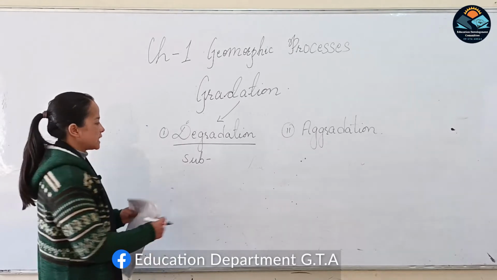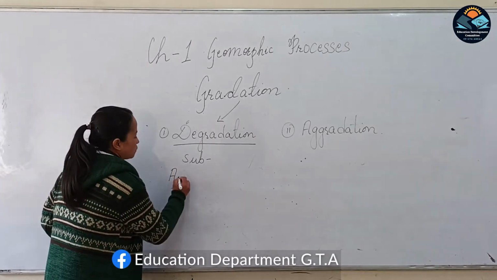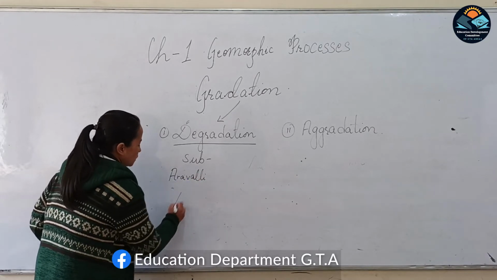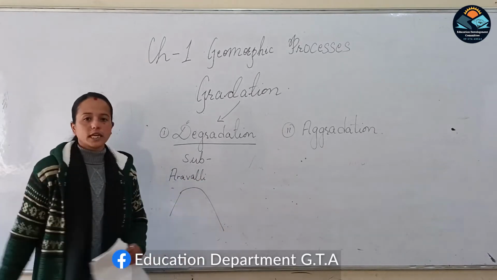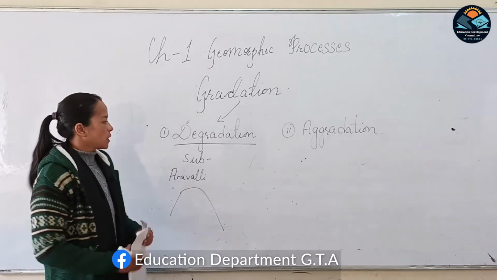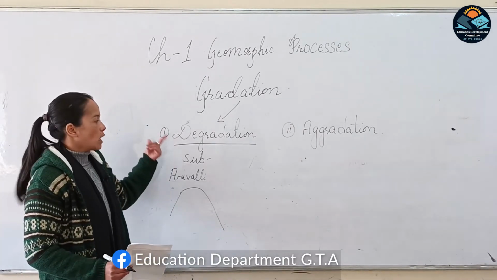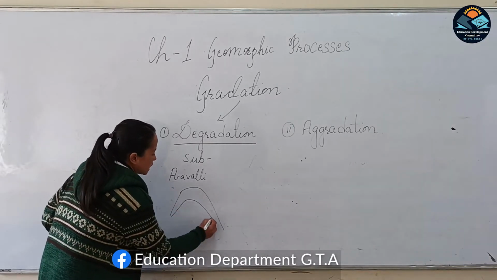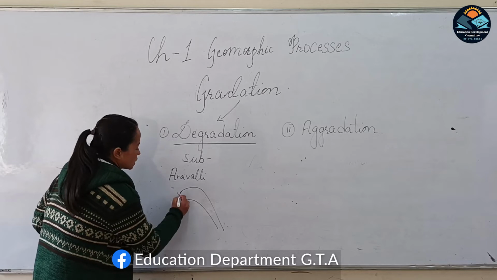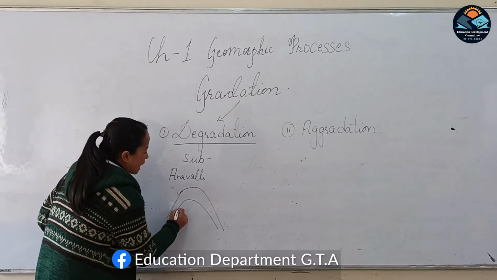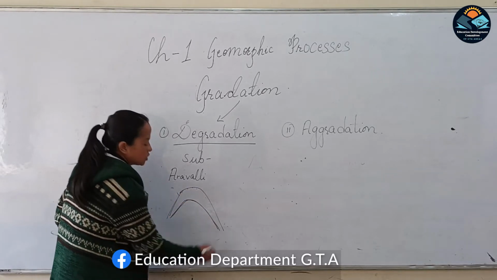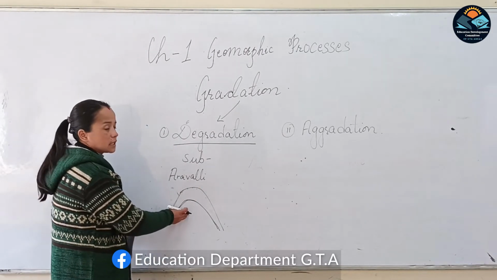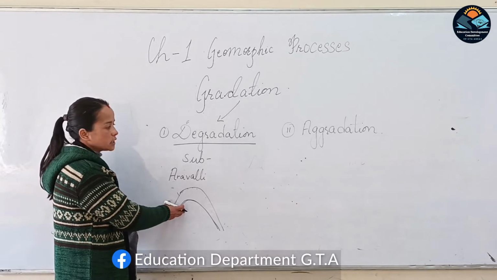So for example, the Aravalli range. It was a very tall mountain when it was formed, but because of degradation, the Aravalli range lost its height. The rocks started to break, and the height of the Aravalli range started to decrease. In that way, degradation means the lowering down of the height of the earth's surface.